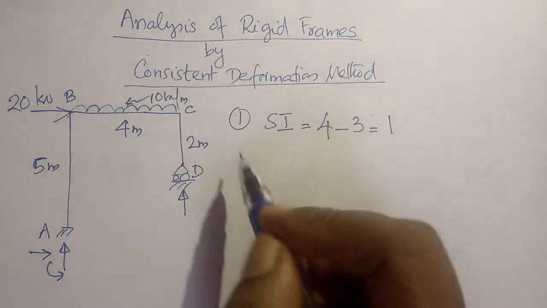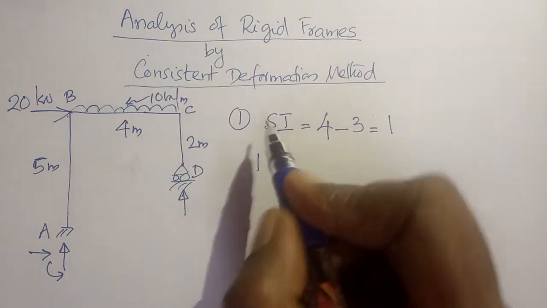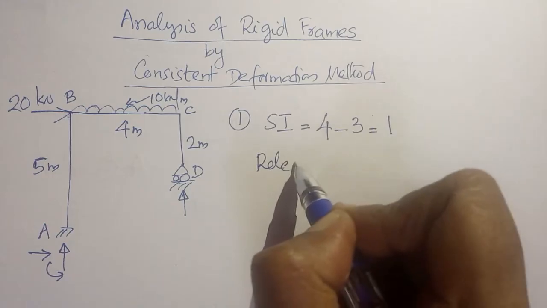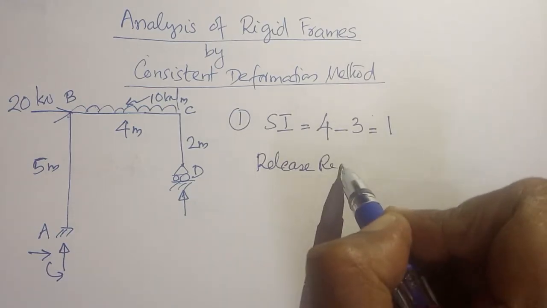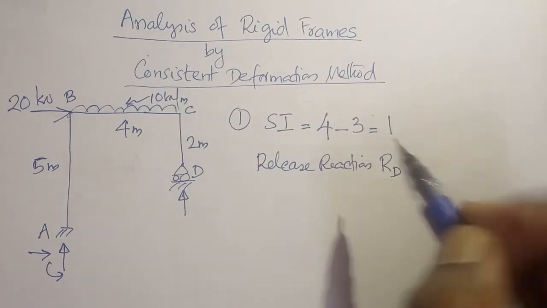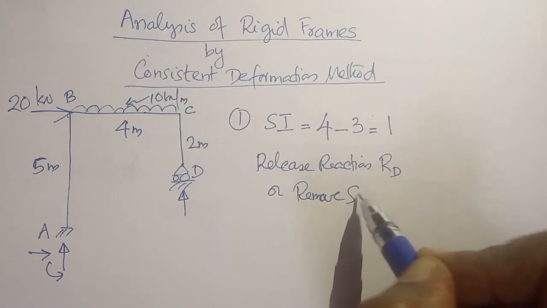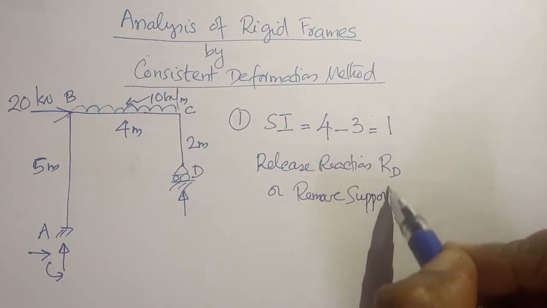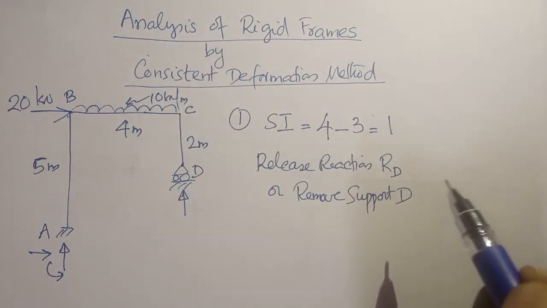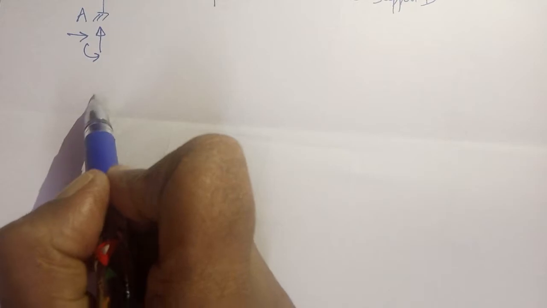You identify the redundant. We are taking this RD as redundant. So release reaction RD, or remove support D. I will get the primary structure.